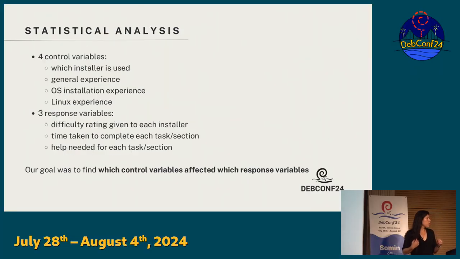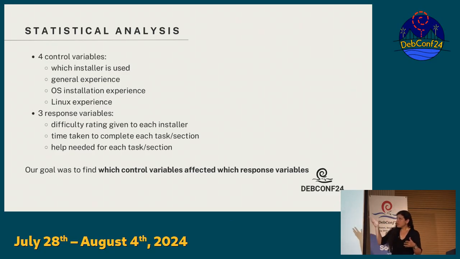So we did statistical analysis, which we didn't do last year, so there was also an improvement from this second phase. We had basically 4 control variables: which installer is being used, general experience of the user, OS installation experience, and Linux experience. The first, general experience, is experience with computers, and then OS installation and Linux.